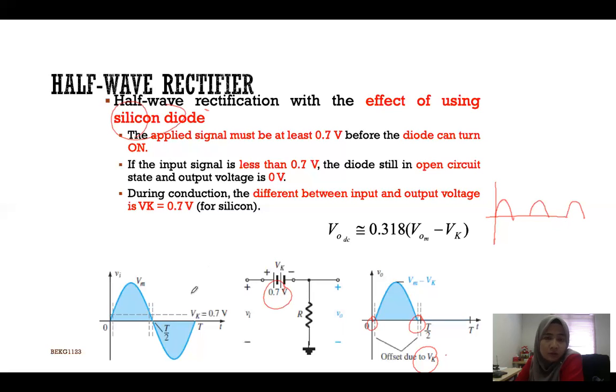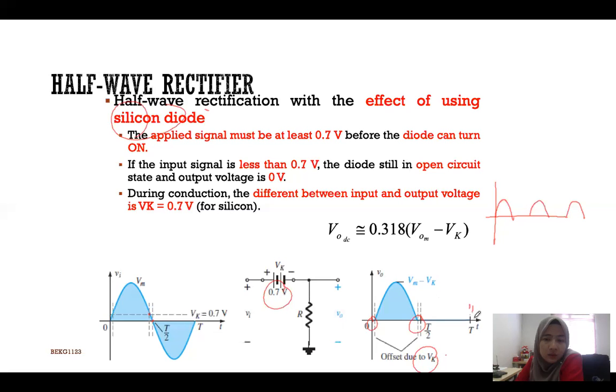If there's no effect of silicon diode, this will end at 0. However, because of the silicon diode, the Vk is 0.7. So the difference at the output is a small gap, which we call an offset.